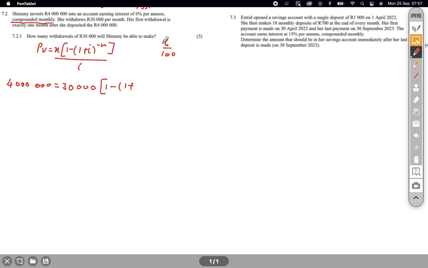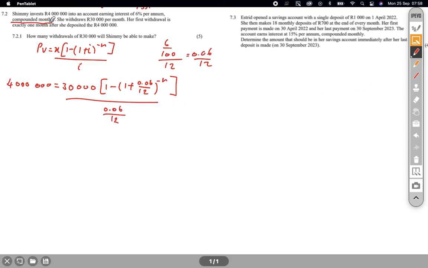But now since it's compounded monthly, we further divide by 12, and this should be 0.06 over 12. And then we do not know what our n is, divided by 0.06 over 12.